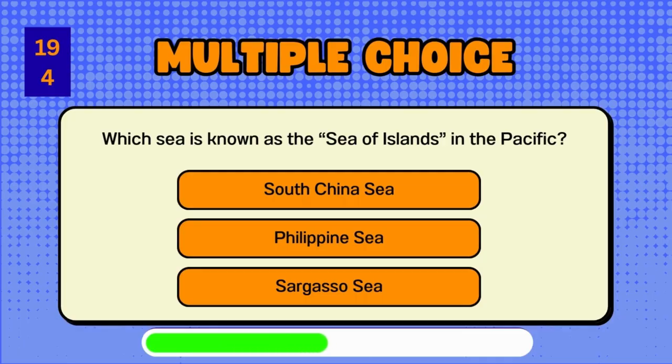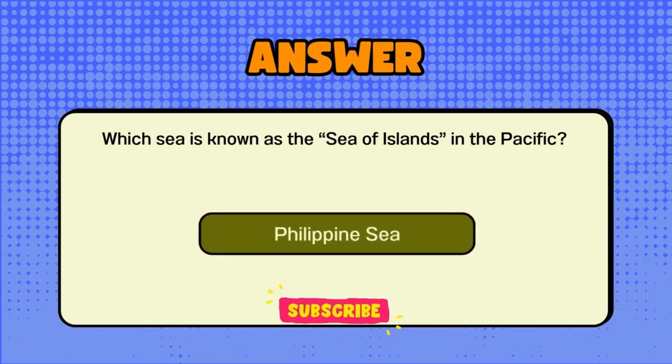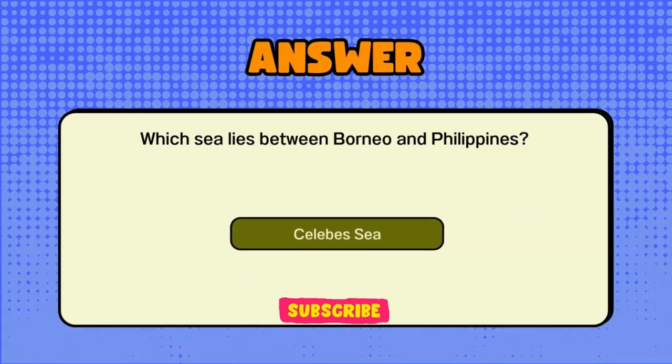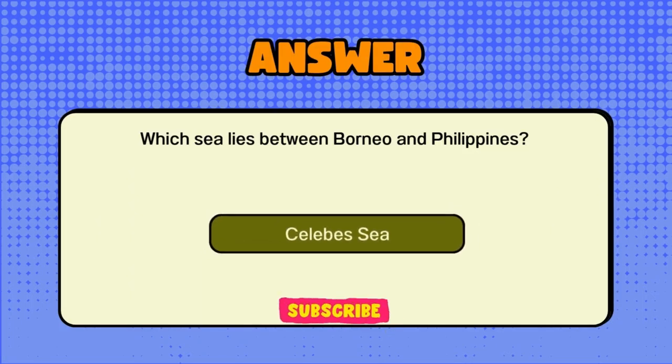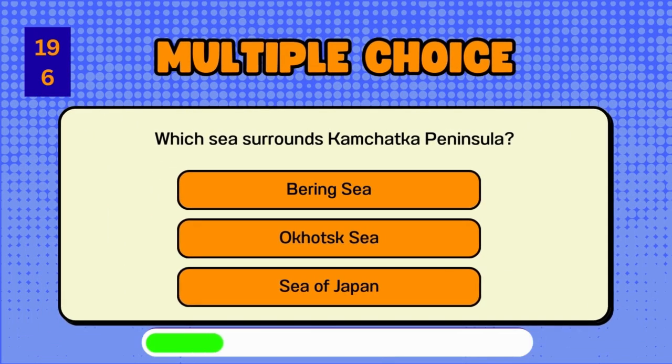Which sea is known as the Sea of Islands in the Pacific? Which sea lies between Borneo and Philippines? Which sea surrounds Kamchatka Peninsula?